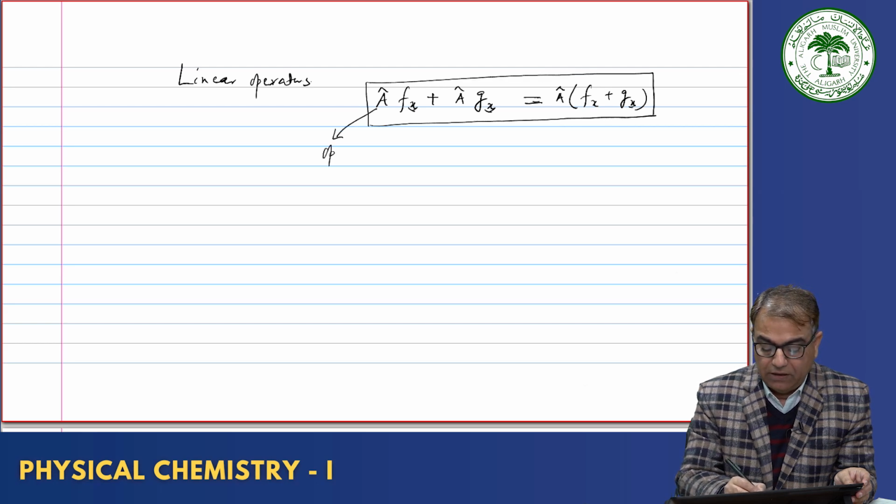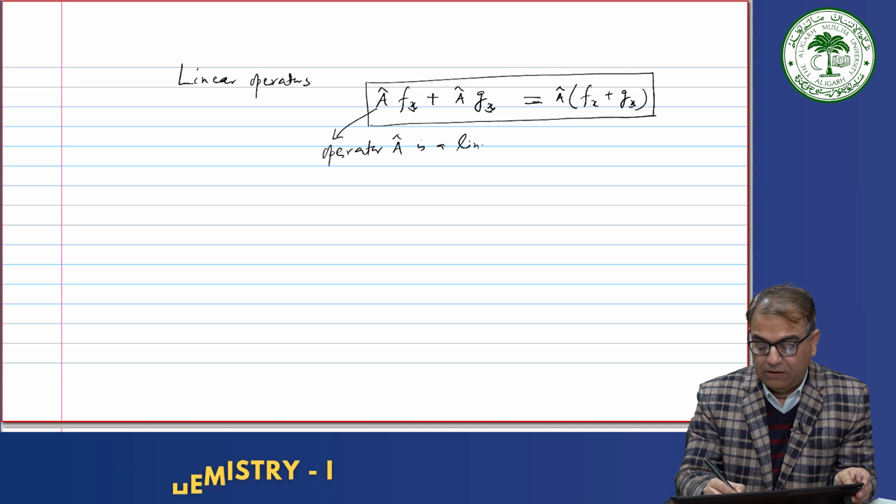If this relation is obeyed, we say operator A is a linear operator.